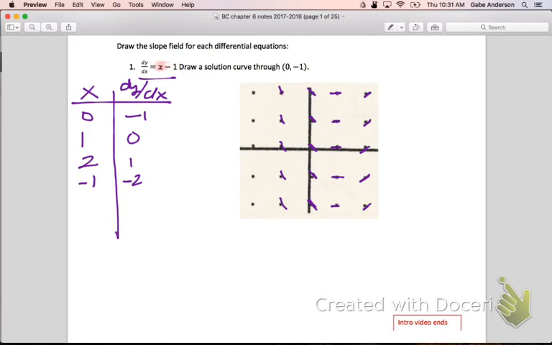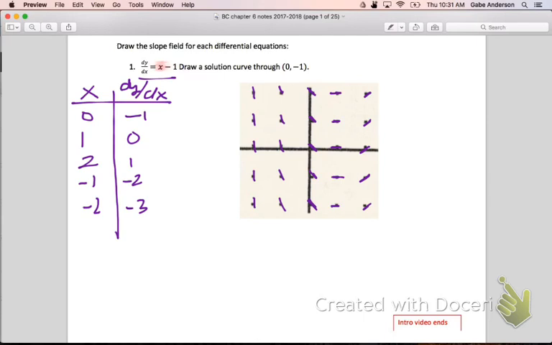They should be lines. Let me try that again. Not bad. And then finally, when x is negative 2, dy dx would be negative 3. So these would be the steepest ones yet. Something like that. Okay, so there's a slope field.